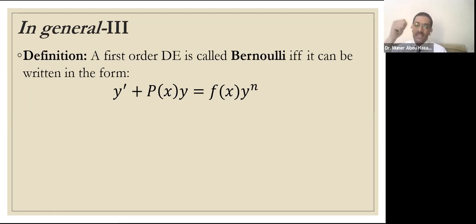And Bernoulli suggests a specific substitution to solve this kind of equation. Notice here, the left-hand side is linear, but unfortunately now my y has power n here. So this equation isn't linear at all, but the left-hand side is similar to linear. So we call it Bernoulli.